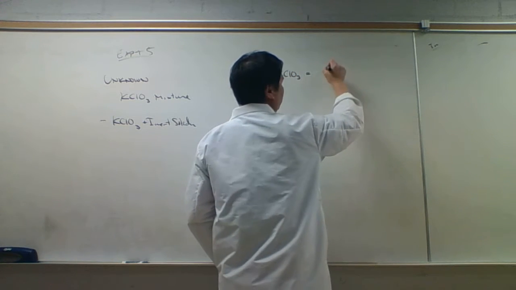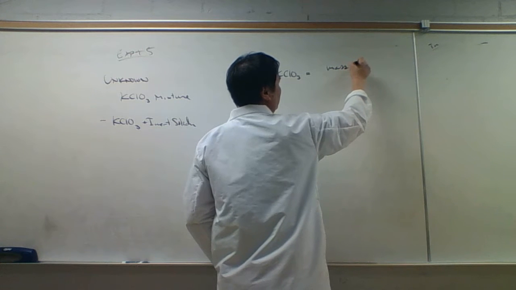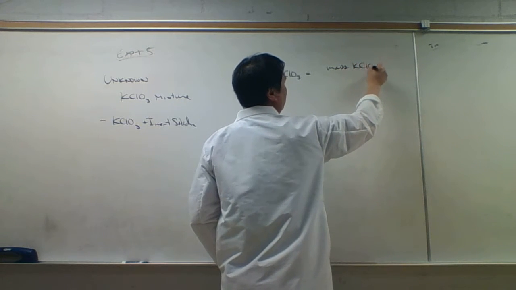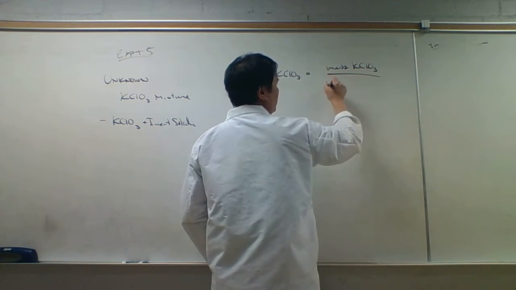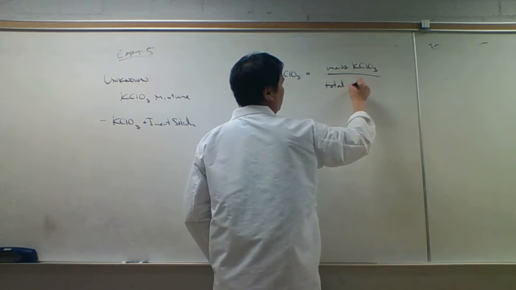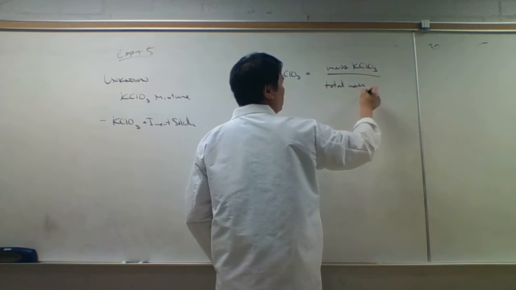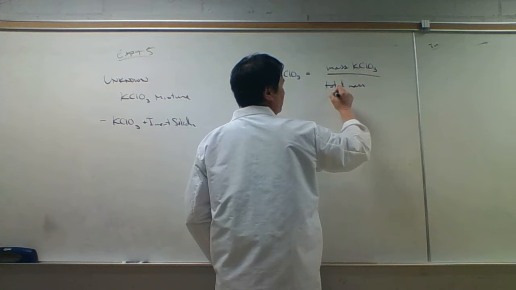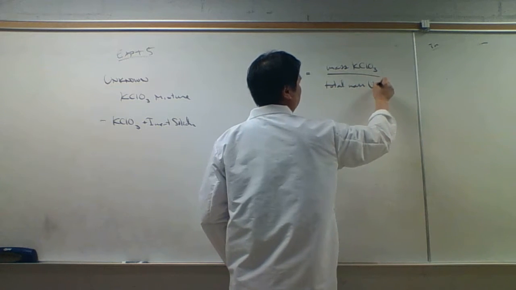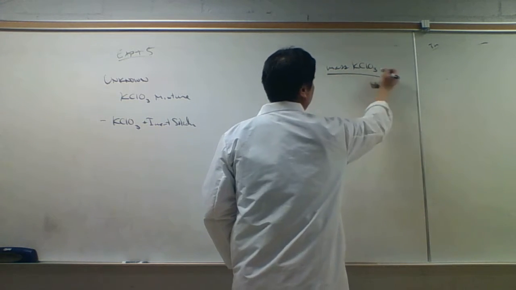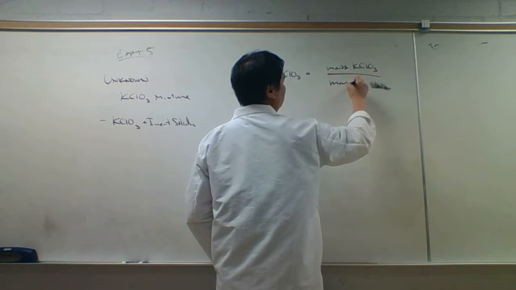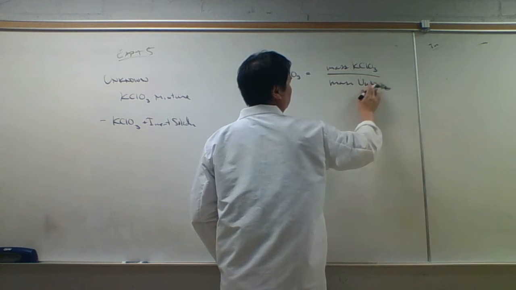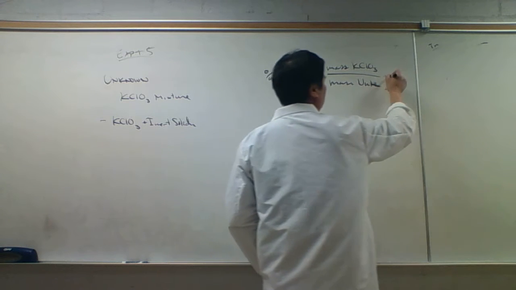The percent KClO3 by mass is how many grams of KClO3 are in there over the total mass. The total mass is just going to be the mass of the unknown. Let me write that, the mass of the unknown, times 100%.